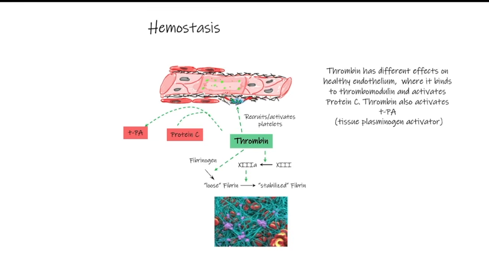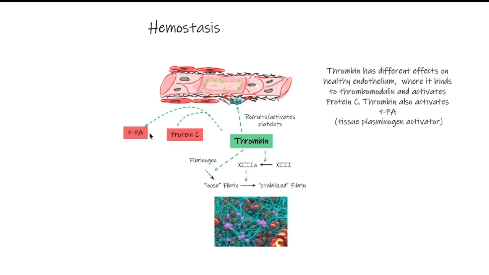Thrombin has different effects, however, as we move further away from the site of injury and the concentration of thrombin has decreased. Away from the site of injury, thrombin binds to a substance on the endothelium called thrombomodulin. By binding to thrombomodulin, it then activates a substance called protein C. Thrombin also will be activating tissue plasminogen activator, or TPA.